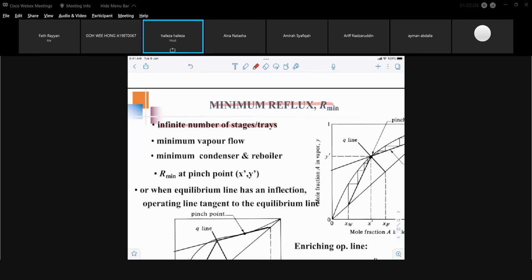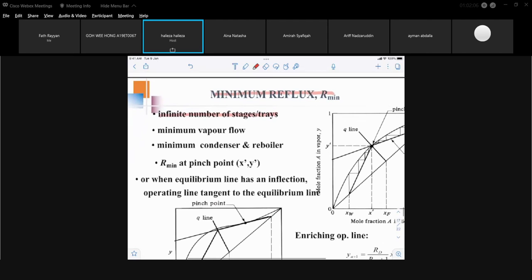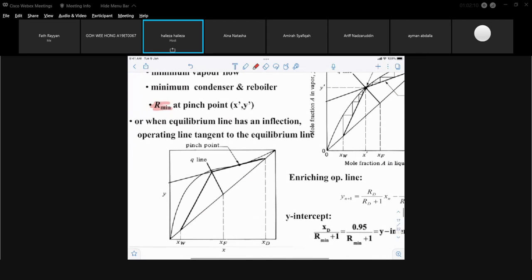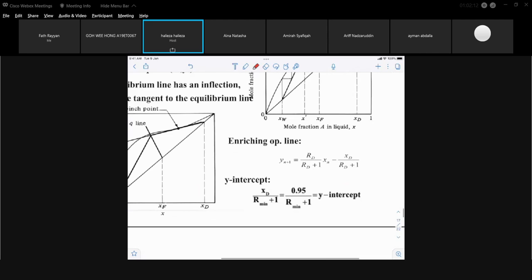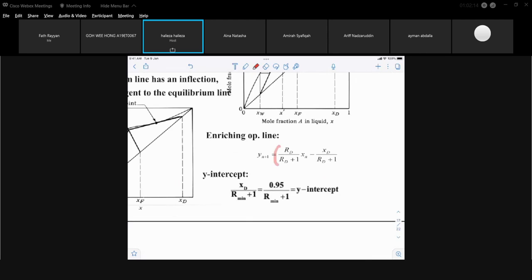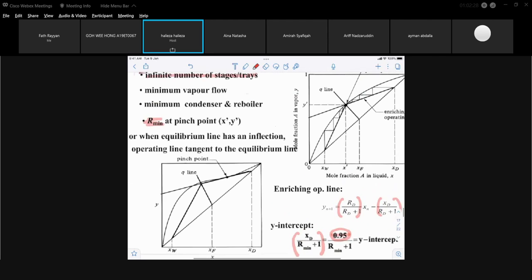Okay. So how to calculate your minimum reflux ratio? You have two ways of doing it. Either you use your slope or you use the y-intercept. This is the example we did for the previous example, so ignore this value. That is the equation for the y-intercept.